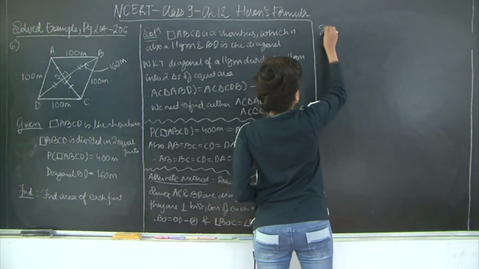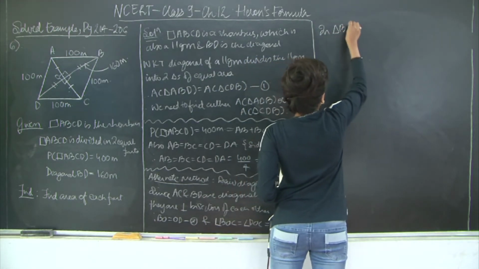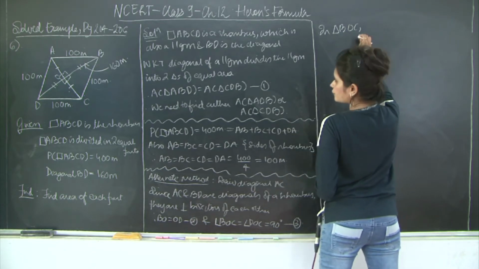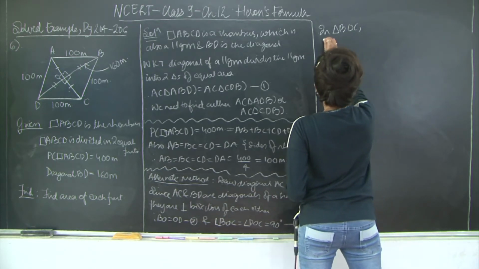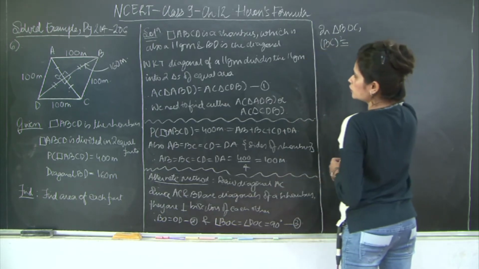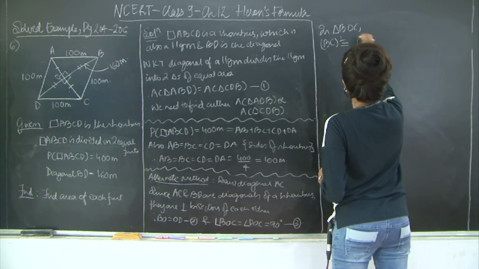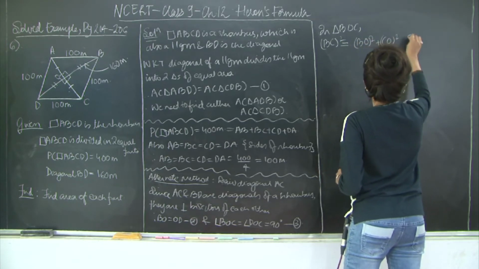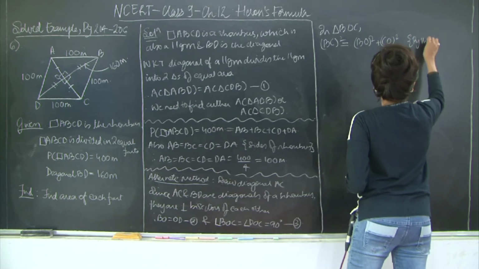So in triangle BOC I have BC square is equal to BO square plus CO square according to Pythagoras theorem.